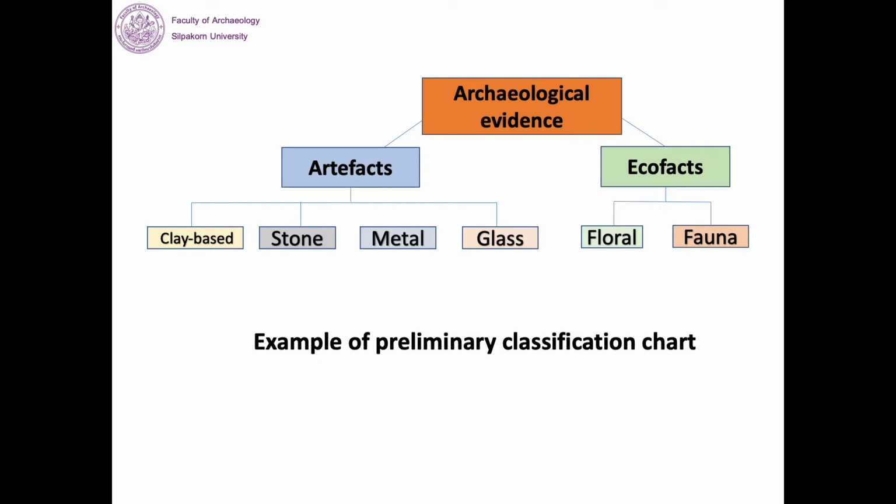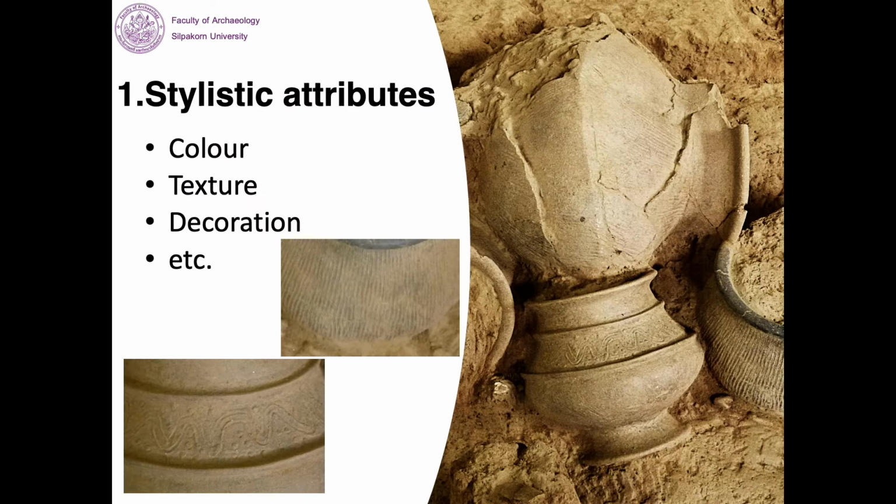They are artifacts and ecofacts. Then divide artifacts into subcategories based on their raw materials, such as clay-based, stone, metal, and glass. Ecofacts can be divided into florals or plants and faunal remains or animals.